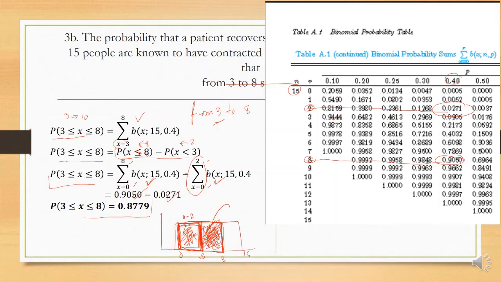Okay? 0.8779. Okay? Ngayon, tignan natin kung paano natin siya isosolve using the formula. Instead of reading sa table, kung may confusion kayo dito, you can always write down yung manual computations natin.